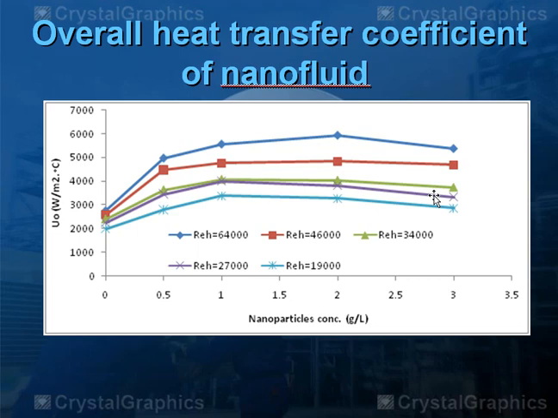The thickness deposits inside the tube, giving additional heat transfer resistance, so the heat transfer enhancement is limited at further concentrations.